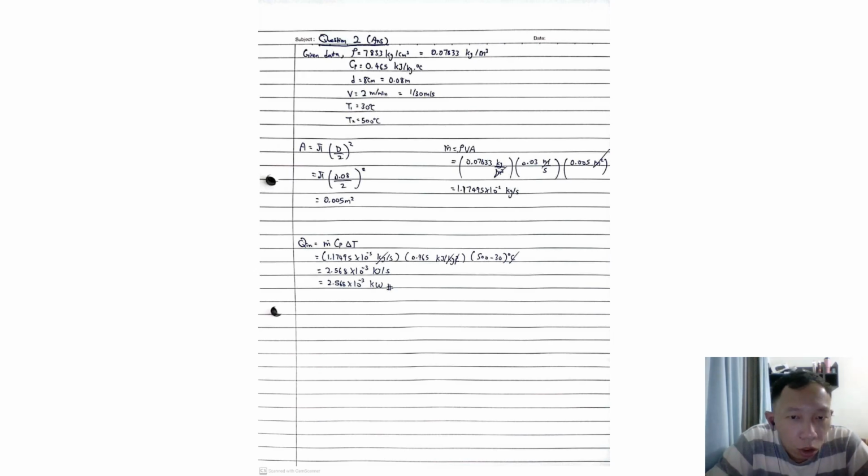And then Q in equals m dot times Cp times the change of temperature.